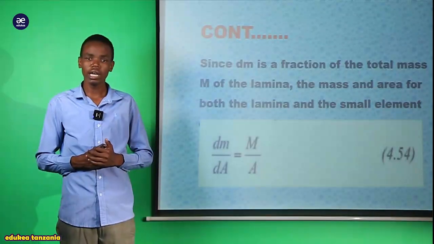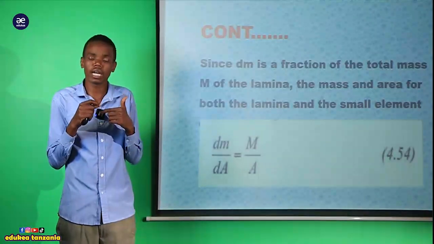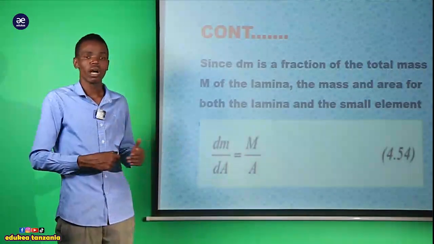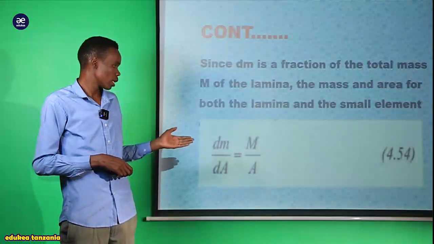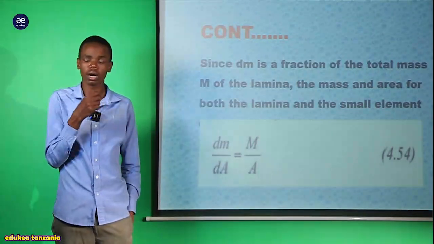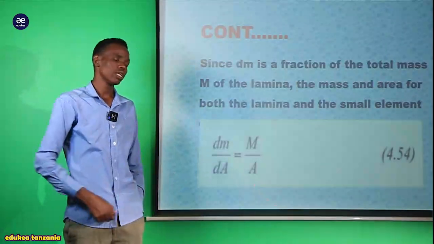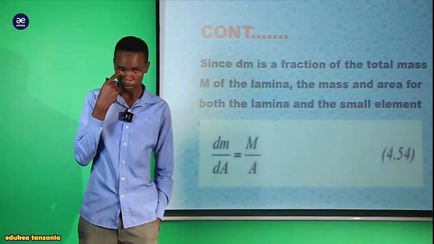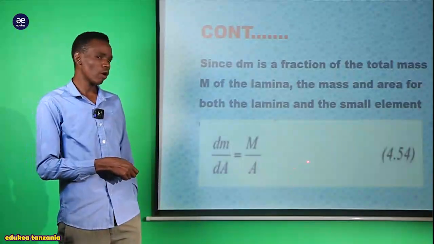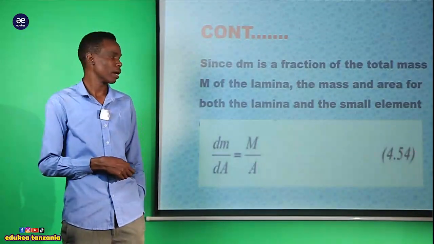And dA represents the small area, while the capital M here represents the mass of the lamina, and A represents the area of the lamina. So now we could say that this should be our equation number 54.